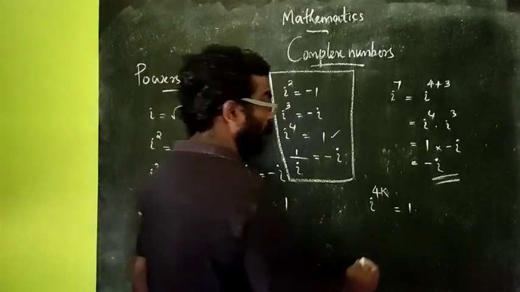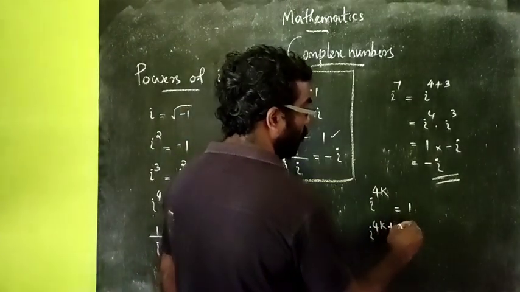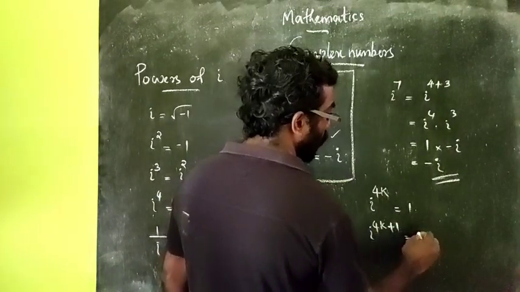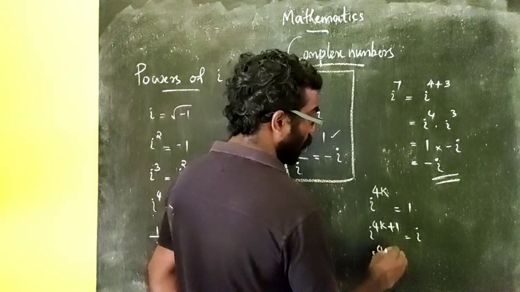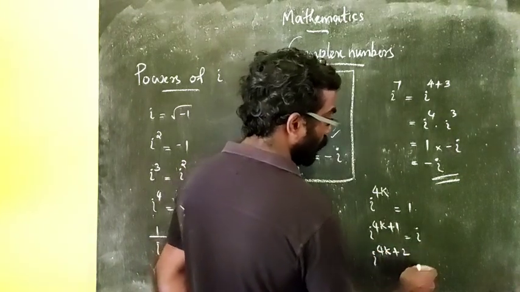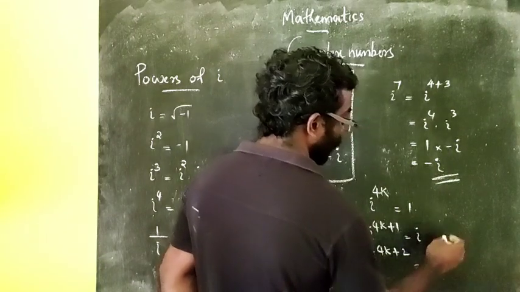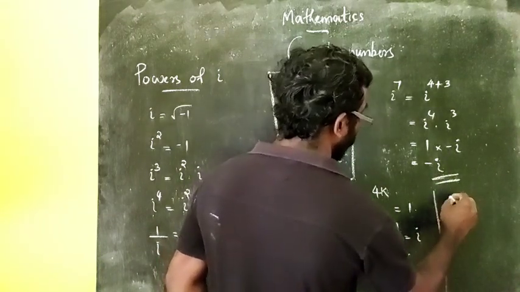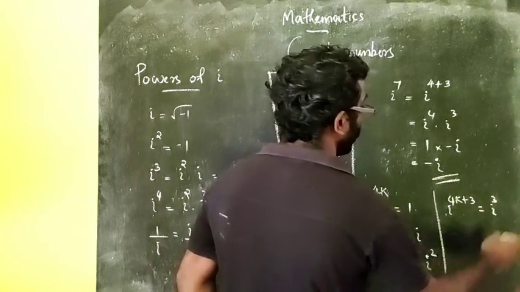So i^(4k) is equal to 1. And what about i^(4k+1)? It will be equal to i raised to 1, that is i. And i^(4k+2) will be equal to what? i raised to 2. And i^(4k+3) will be equal to i cube.